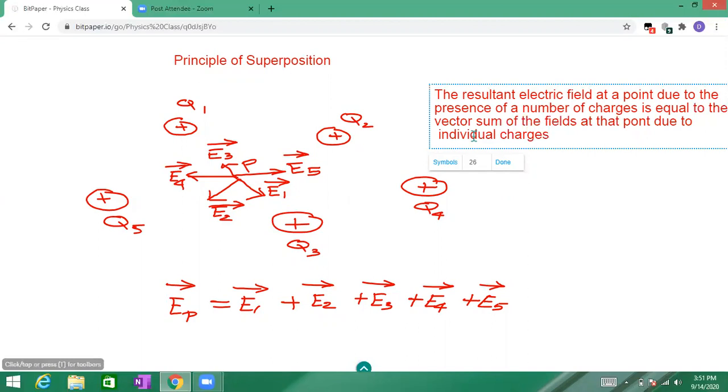So this is called the principle of superposition. So with the help of this principle, we can find out the electric field at a point due to a system of charges.